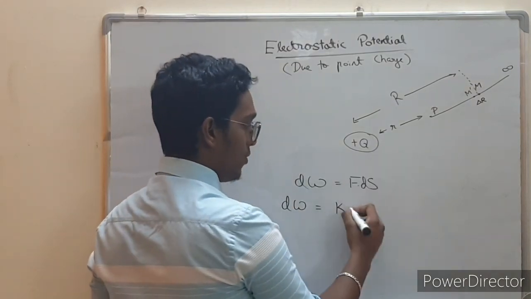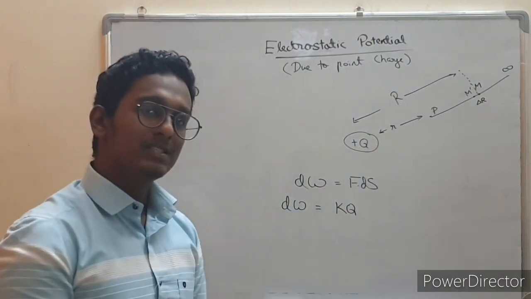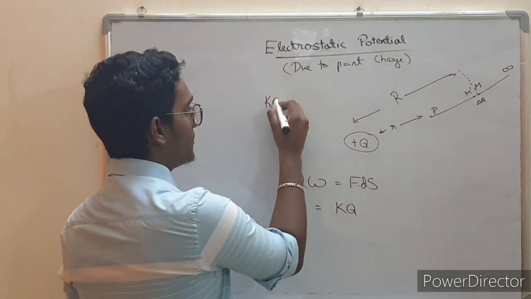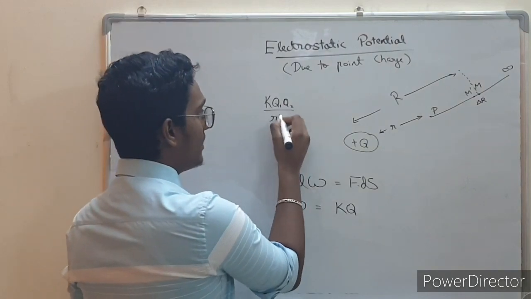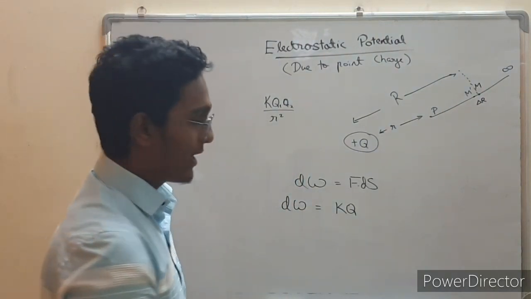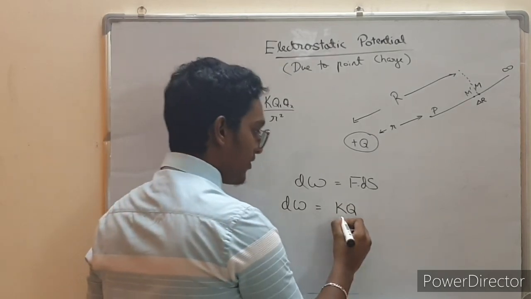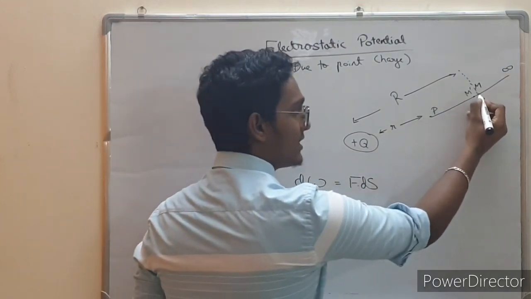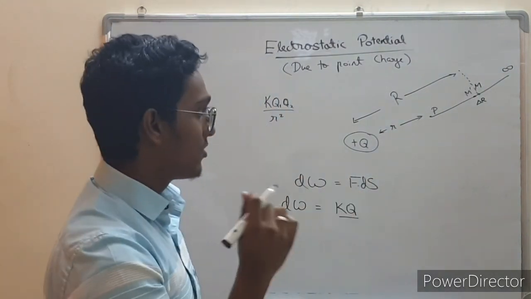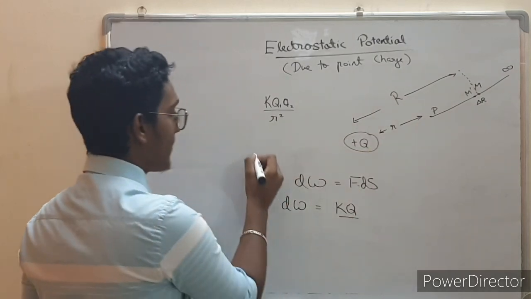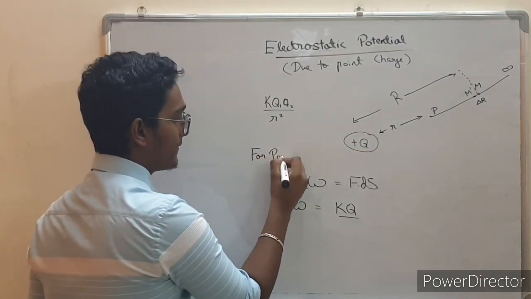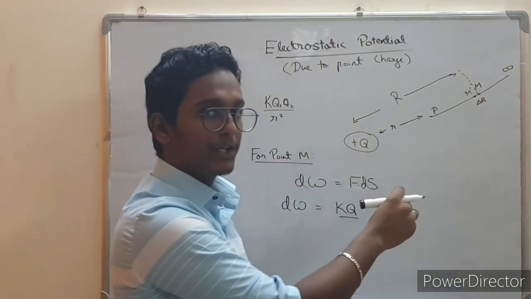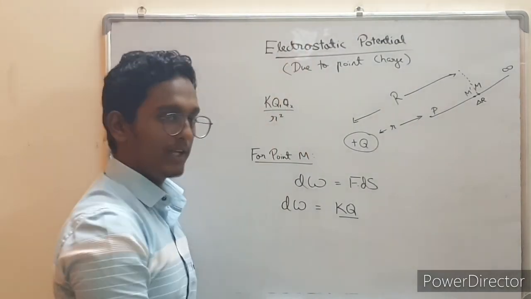Q1 is the positive charge Q, but the second is a unit positive charge, so Q2 has a magnitude of 1 and we don't need to include it, divided by R square, where R is the distance. We are considering it for this point. This is not for the point P, this is for the point M, because we are first finding the work done to move from M to M dash. After that, we are going to generalize it for the entire path.